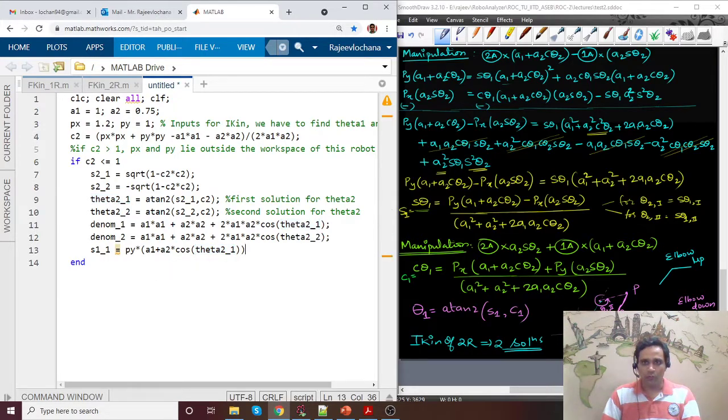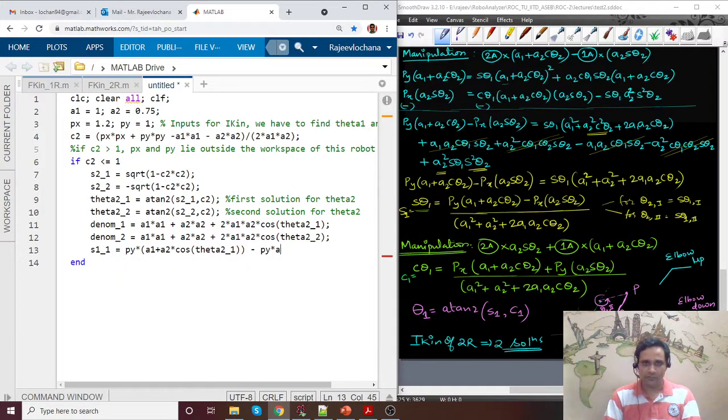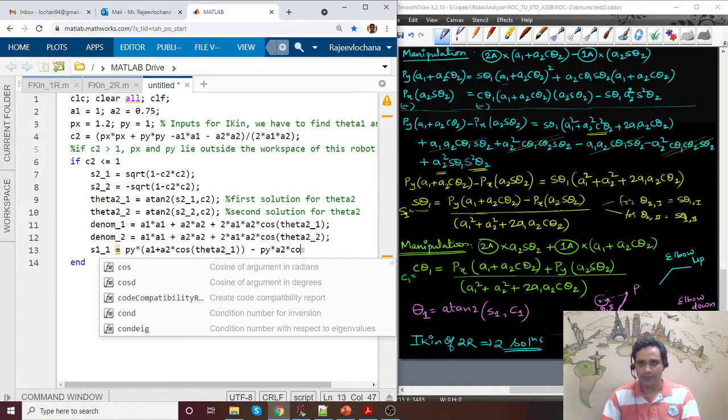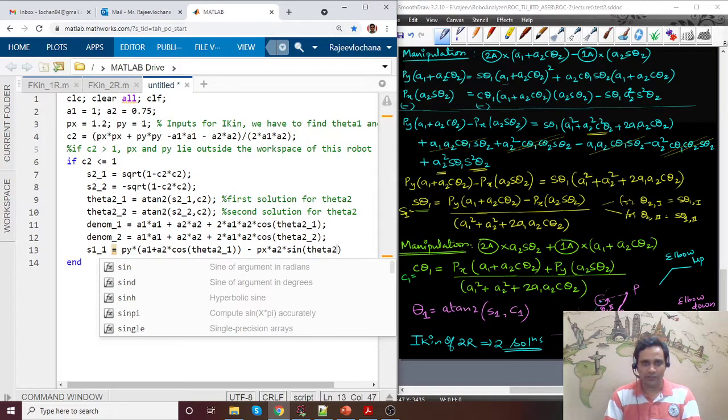Theta 2 underscore 1, and here it will be minus px into a2 into sine of theta 2 underscore 1.